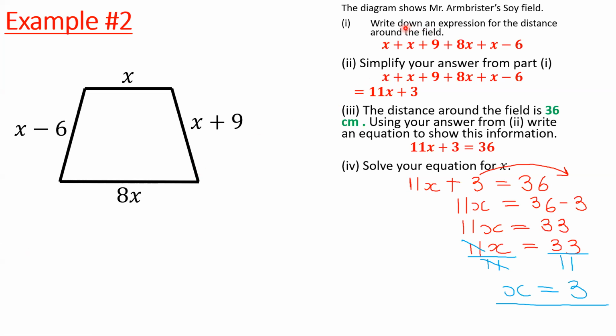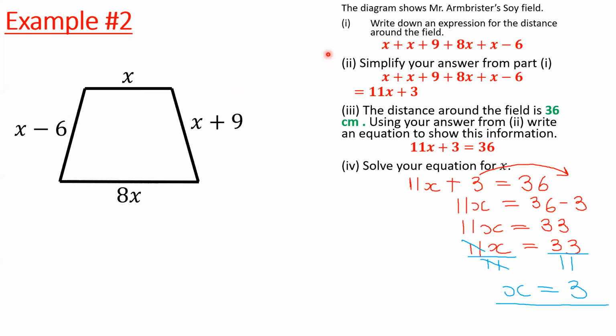So to write down an expression for the distance around the field, we got those answers from the field over here. You start by going from top to right to bottom to left. So that's why you get x plus 9 plus 8x plus x minus 6.